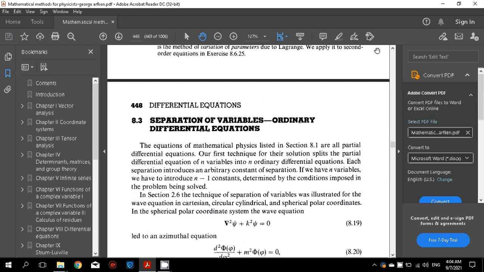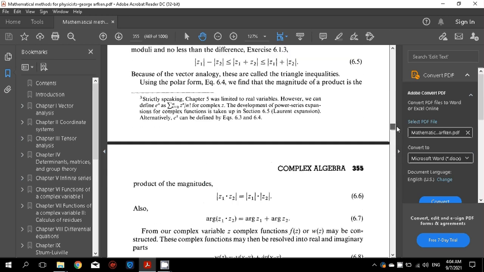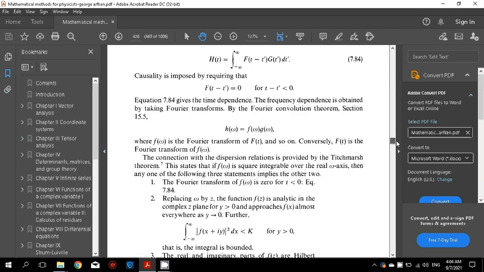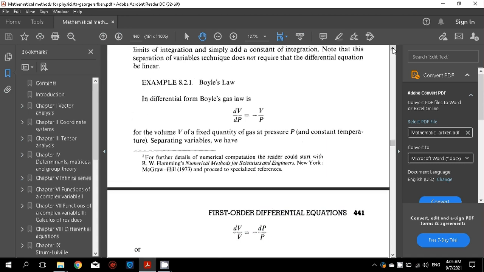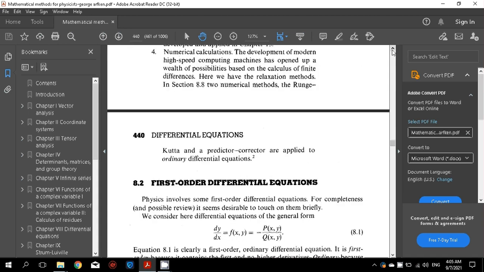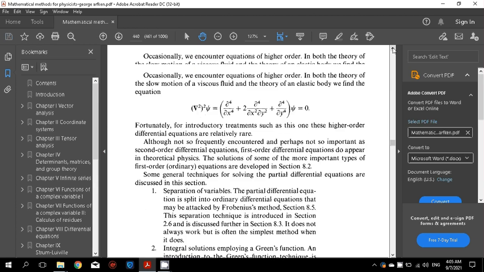Now this is the chapter on differential equations, which we will start, and this is in fact chapter number 8 from this book by Arfken.